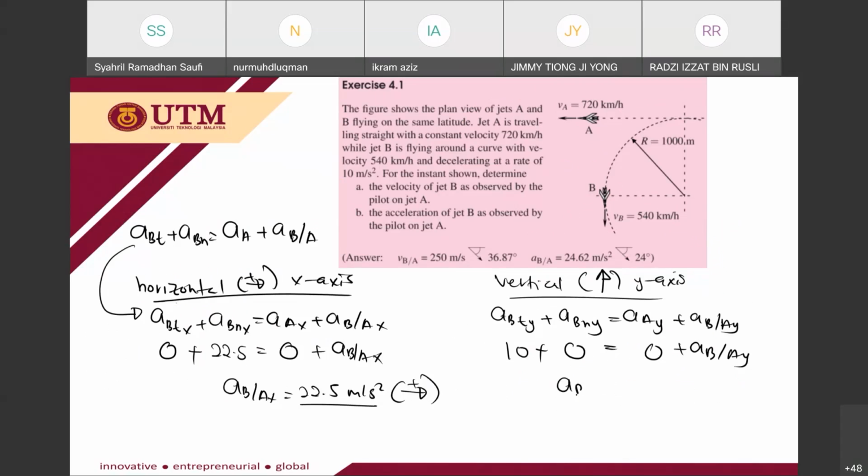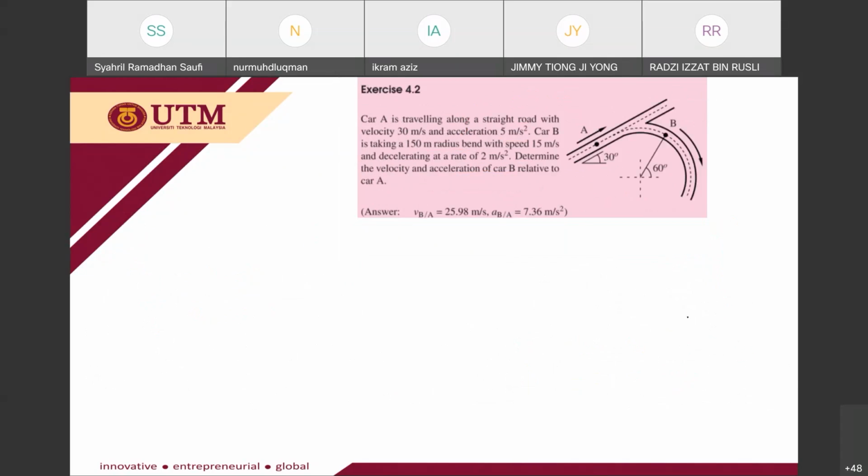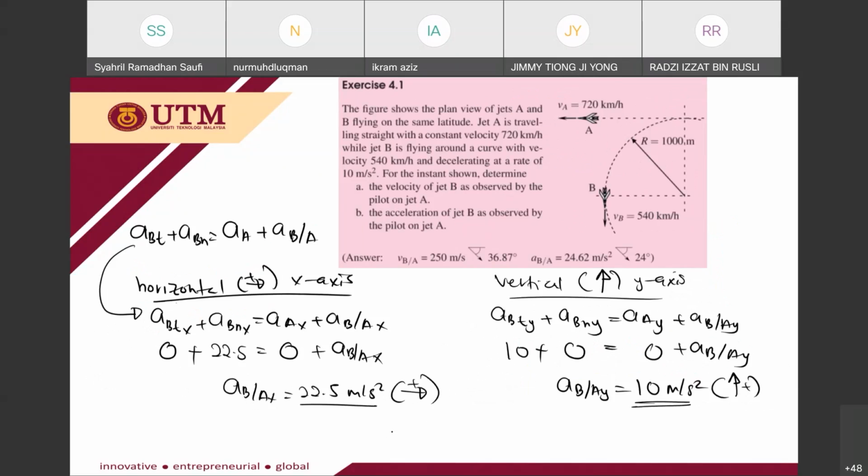So acceleration of B relative to A y is equal to 10 meters per second squared, which means you obtain a positive magnitude, meaning your assumption is correct. So the assumption that you made here is correct. Then you just put it in the form here: this one is acceleration of B relative to A y, and here is acceleration of B relative to A x.